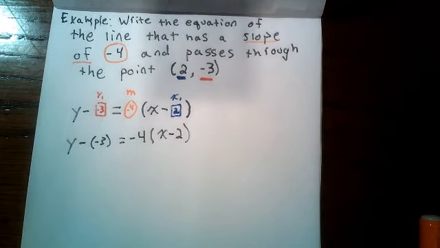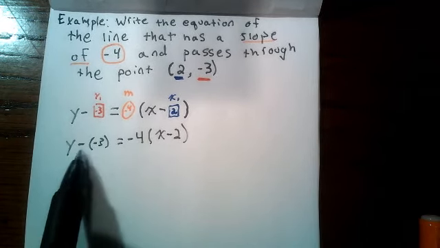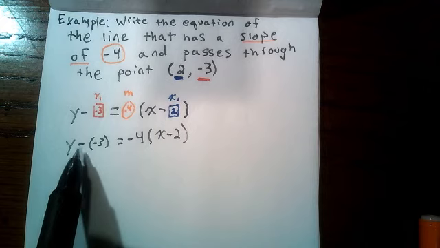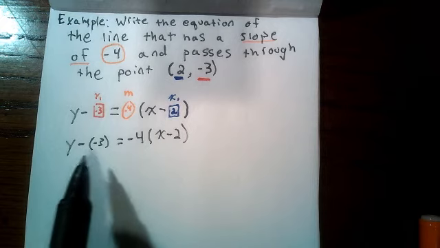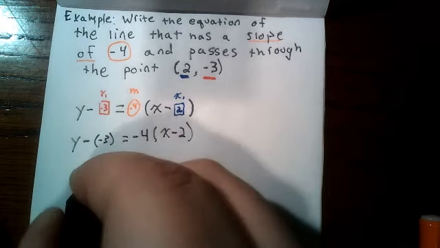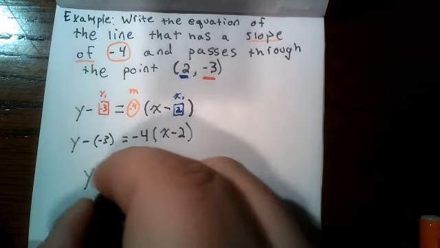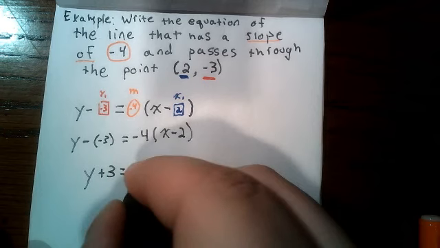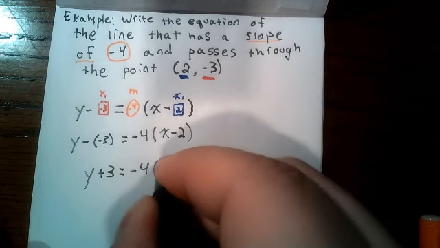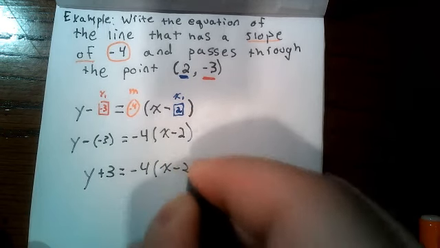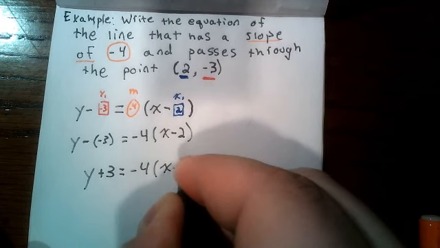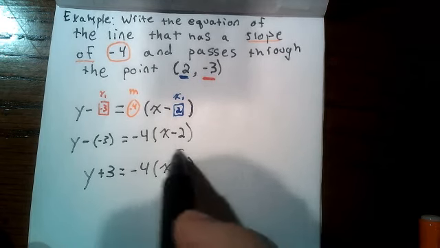Now I'm not done because I want to show that when I subtract a negative number, it really turns into addition. So this is going to change into y plus 3 equals -4 times x minus 2. And there's my solution.